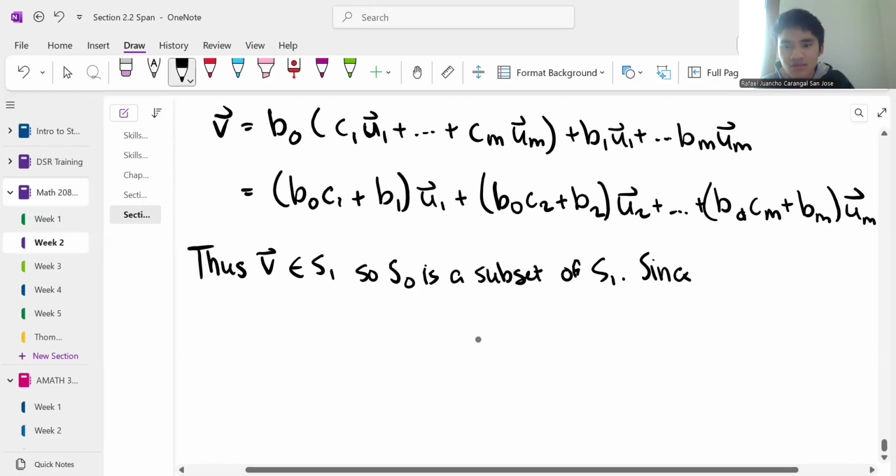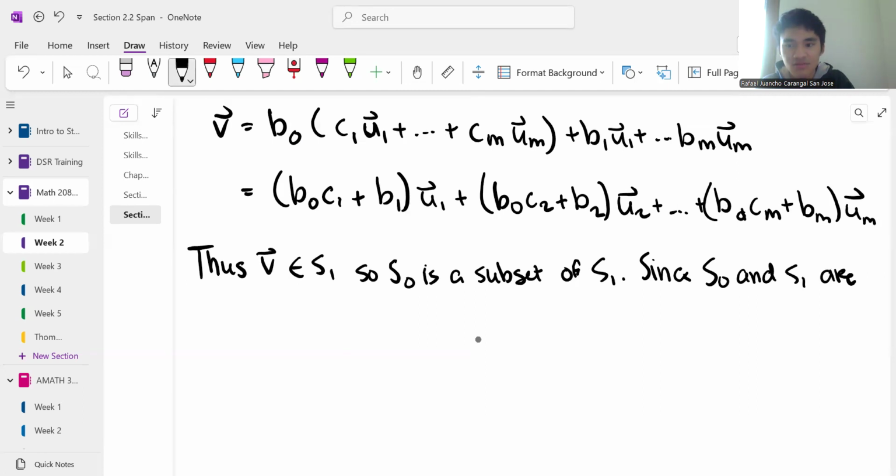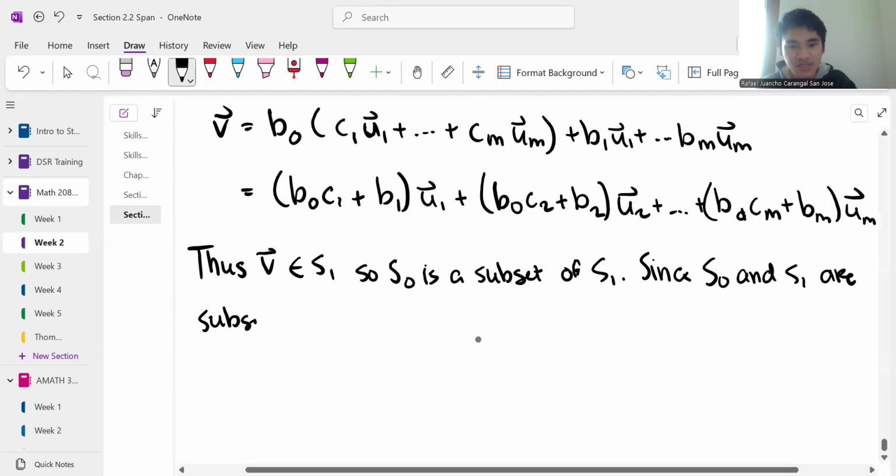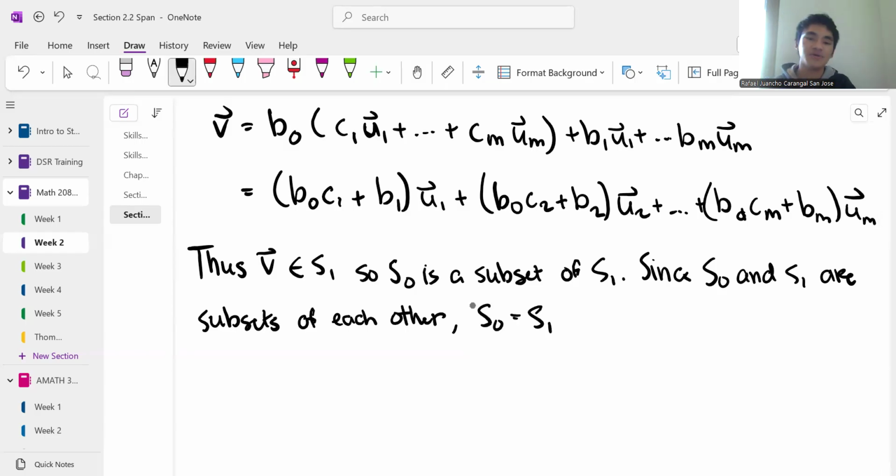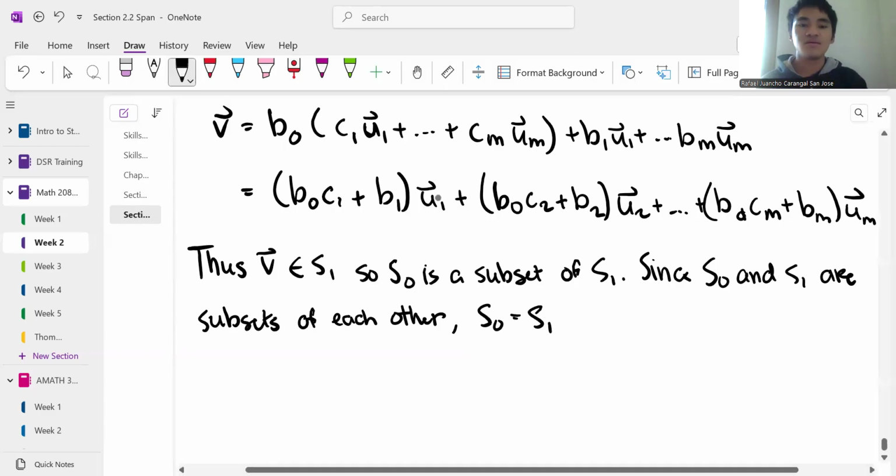Since S naught and S1 are subsets of each other, S naught is S1. That's the proof.